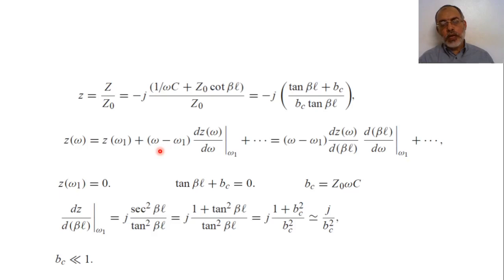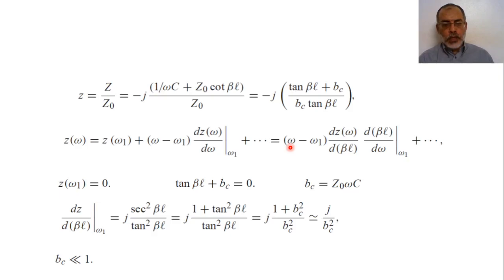So we can rearrange this term as (omega minus omega 1) multiplied by dZ by d beta L, multiplied by d beta L over d omega at omega 1, plus the higher order terms. We are going to take into consideration only the first derivative. Okay?